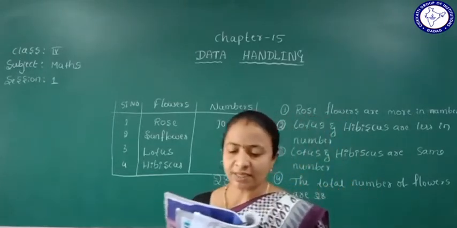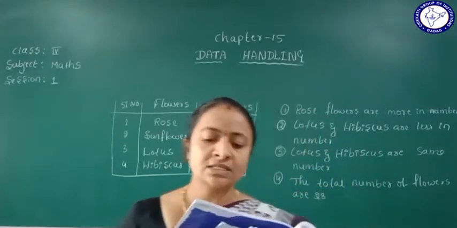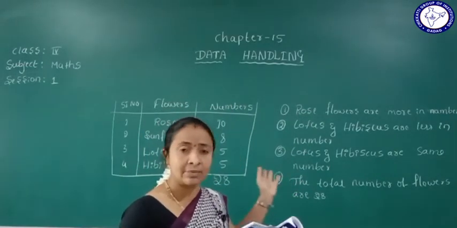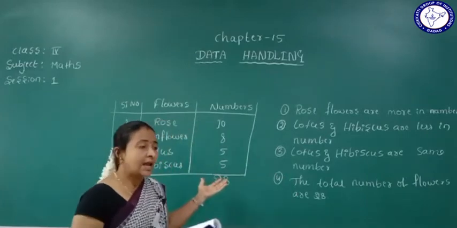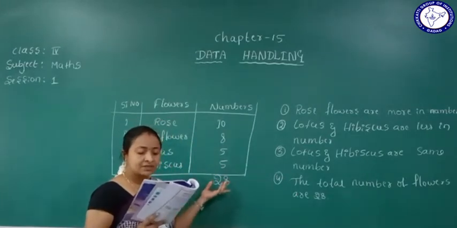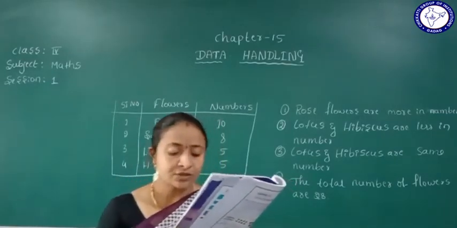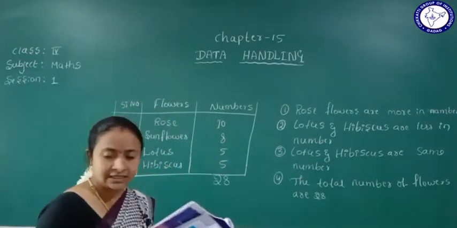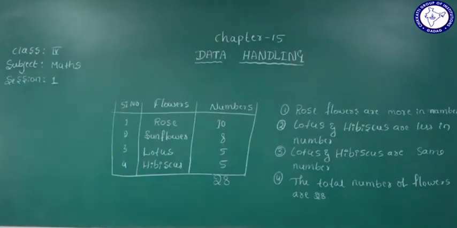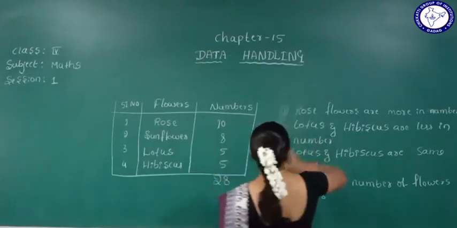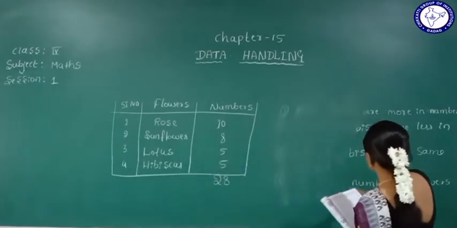So is there any other easy method other than observing this table? Any easy method? Yes, that is observing a graph. A graph can be constructed according to the data. Okay, so I'll rub this one. Here only I'll draw the graph.